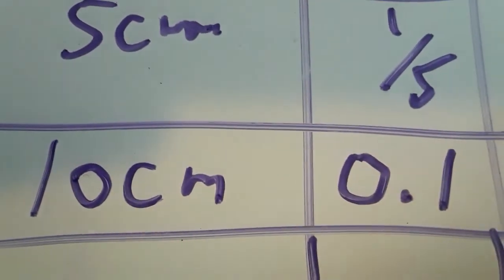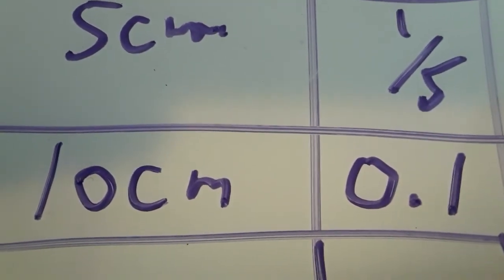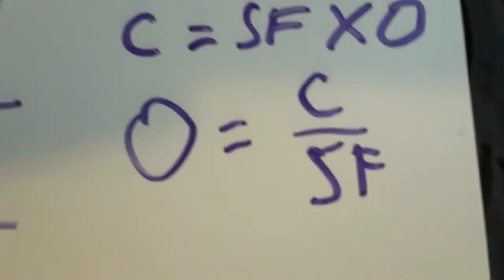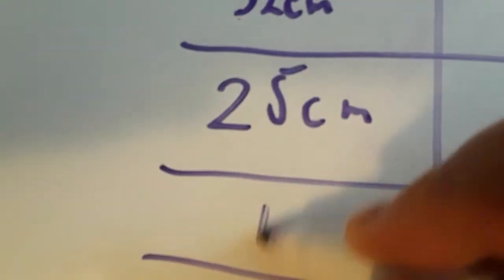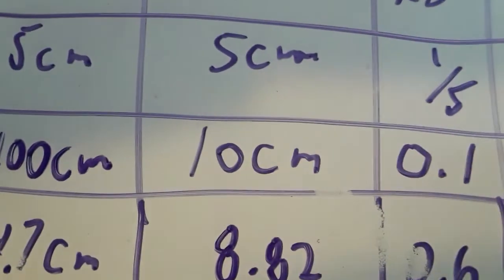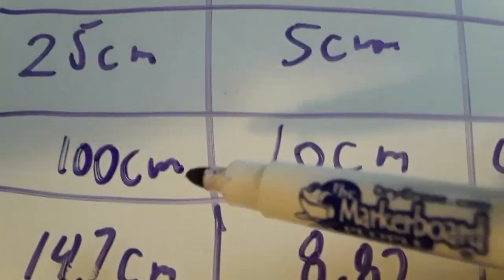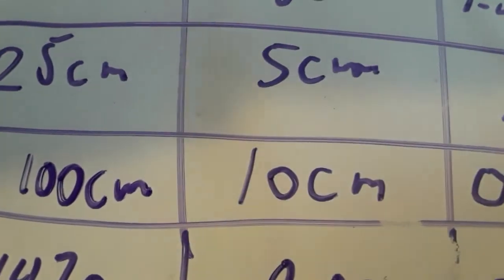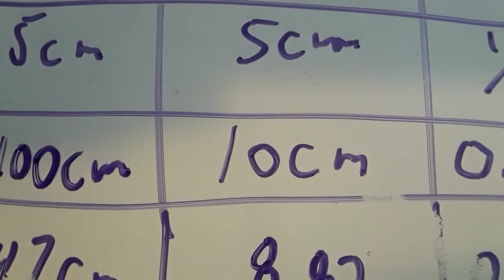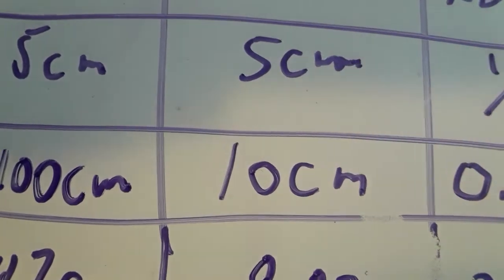But if you did divide 10 by decimal 1, because you're following this formula, original is equal to the copy length divided by the scale factor, you would come up with 100 centimeters. And if you apply a scale factor of 1/10 to 100 centimeters, you will end up with a new length of 10 centimeters. So again, I know this triangle is not for everybody, but some people find it pretty handy.